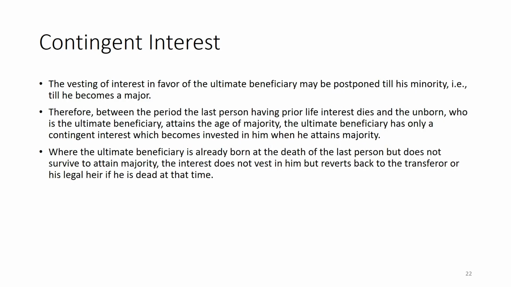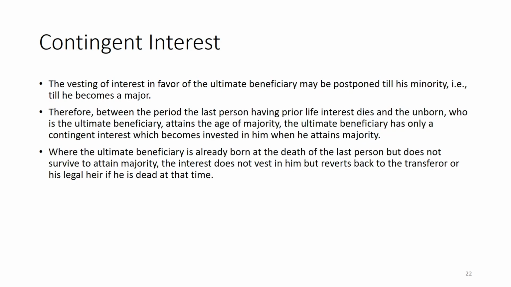So, this contingent right is related to the unborn, because unless and until majority age is achieved, it will remain only a contingent right. It is not going to be a vested one. It becomes vested in him only after the age of majority.